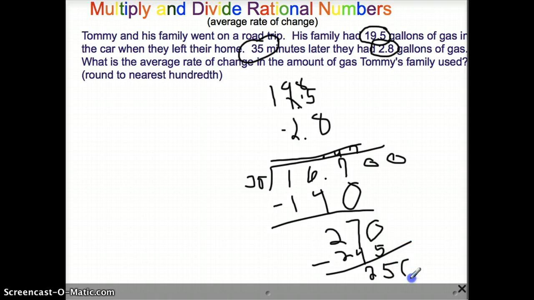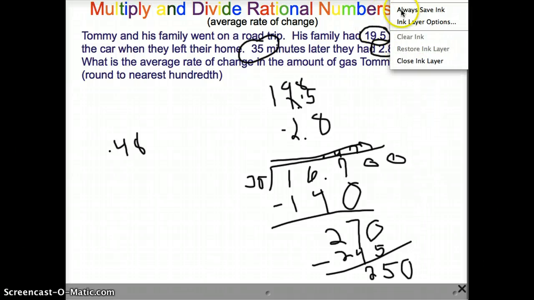And then since 35 can go into 250 7 times again, we would round it up to 0.48. Let me get my pen here. And then our answer would be 0.48 gallons per minute.